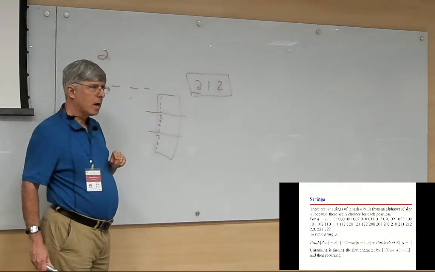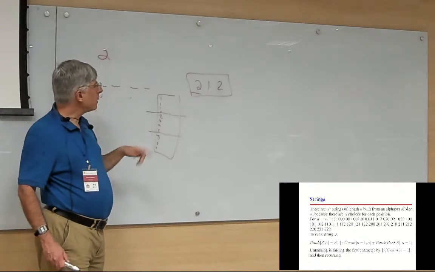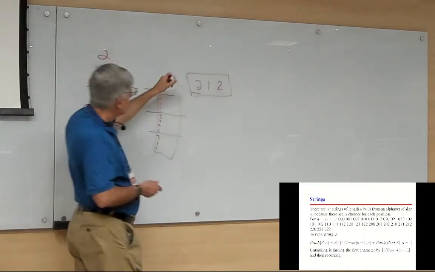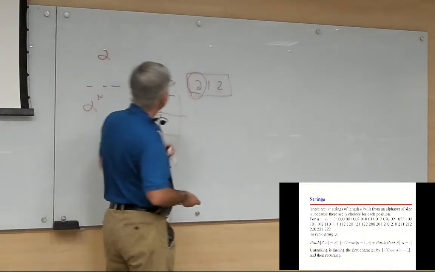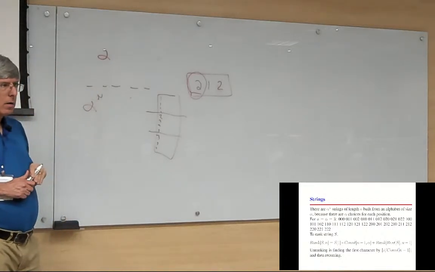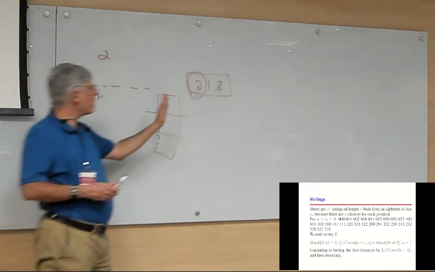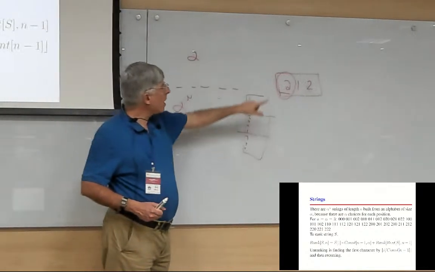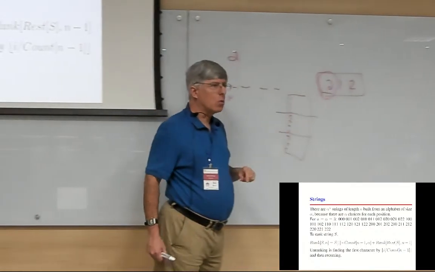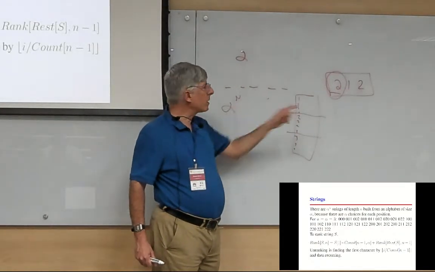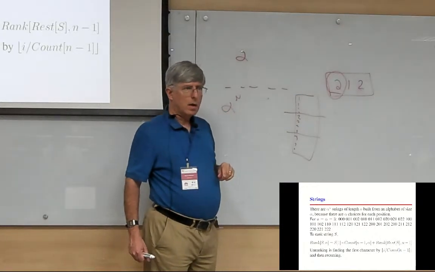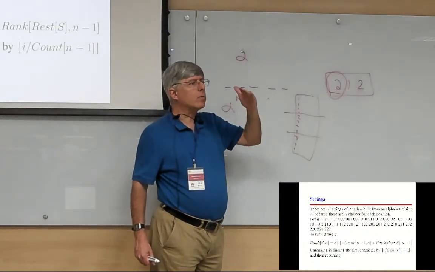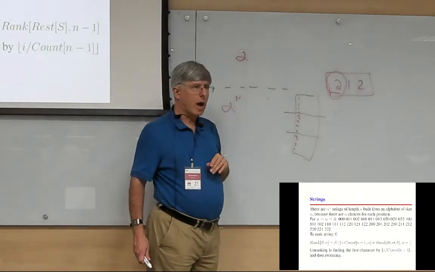I claim that because it's recursive, we have a first character, and when we take it off, we're going to have smaller strings, right? What I know about the strings is that any string that begins with a 2 is going to be after the strings that begin with 1.